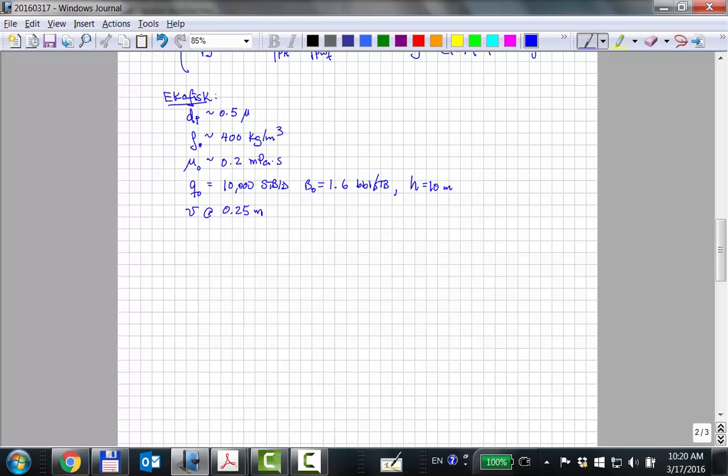So 10,000 barrels per day. Let's make that metric. How much is that in cubic meters per day, folks? There's 6.29 barrels per cubic meter, so that would be 10,000 over 6.29.